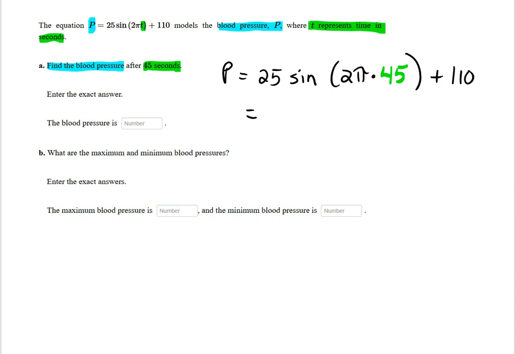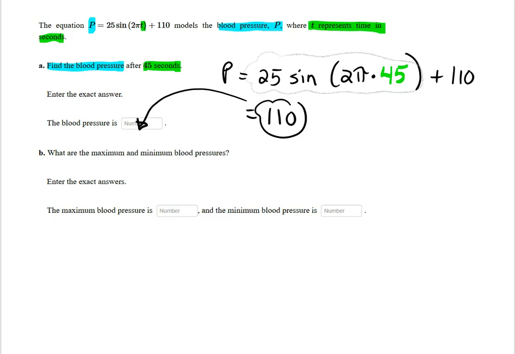So I grabbed my calculator and I literally typed all of that into my calculator from left to right and made sure that my calculator was in radians because they gave you the pi, and it actually comes out to be 110, which means that all of this is literally 0. So my first answer is 110, which I'll put there.